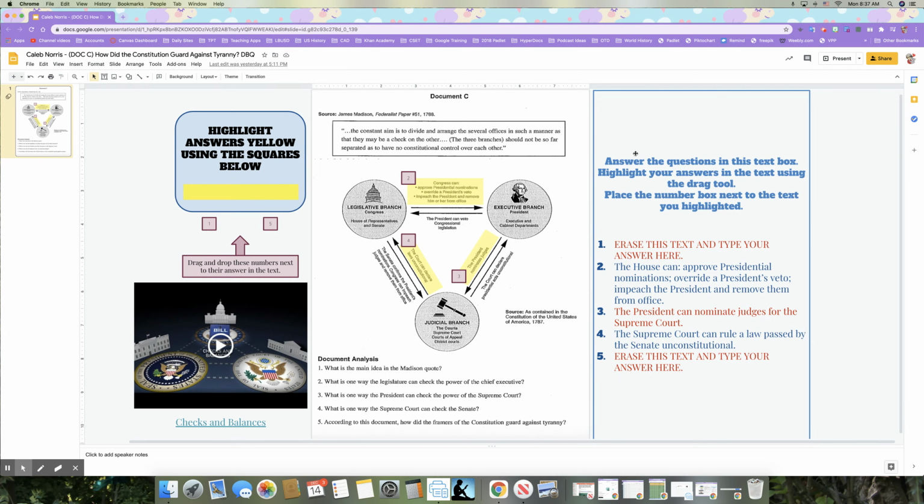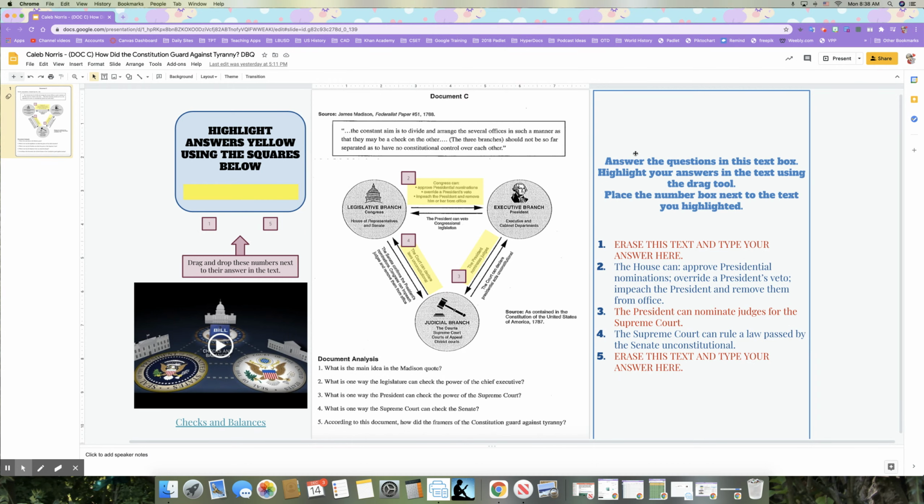So the constant aim is to divide and arrange the several offices. So the offices of the national government are going to be divided, okay? And they'll be together in such a way that they may be a check on the other. And in the previous discussion video, which is also attached to this document here, we learned that when they check each other, they're making sure that each of the other offices is following the law of the Constitution.